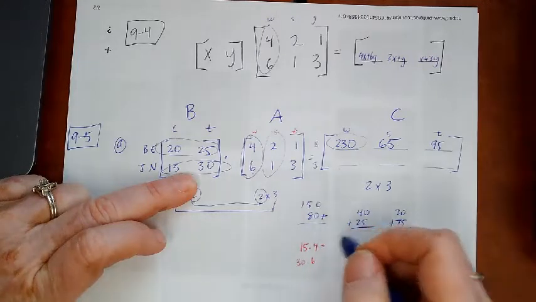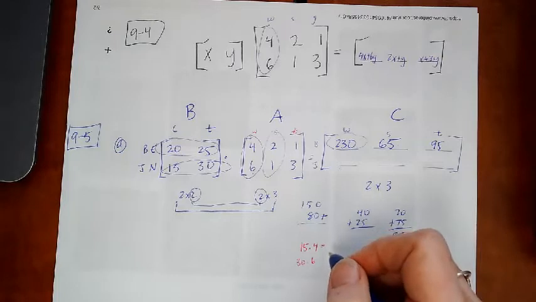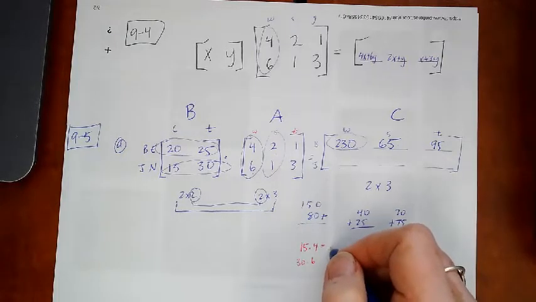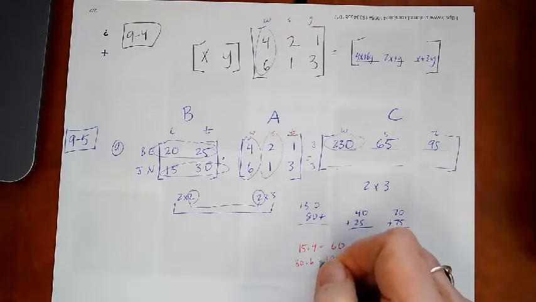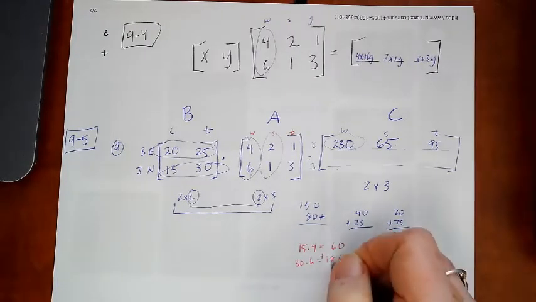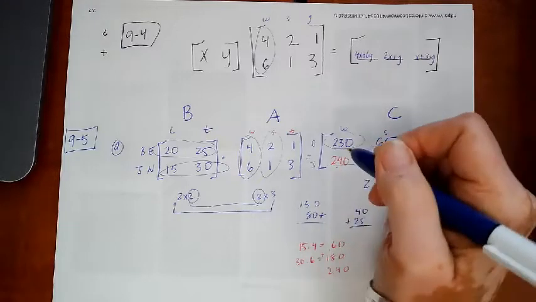Well, 15 times 4 is 60. And then 180. Add them up. I think I got 240 if I didn't make a little calculation error.